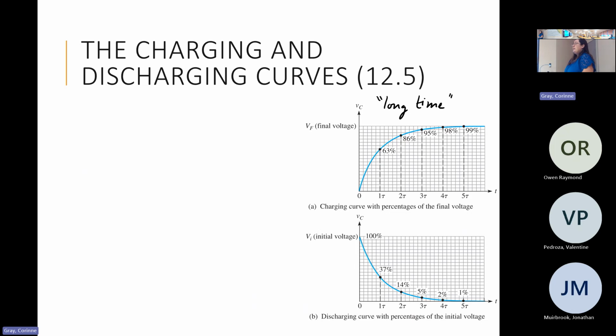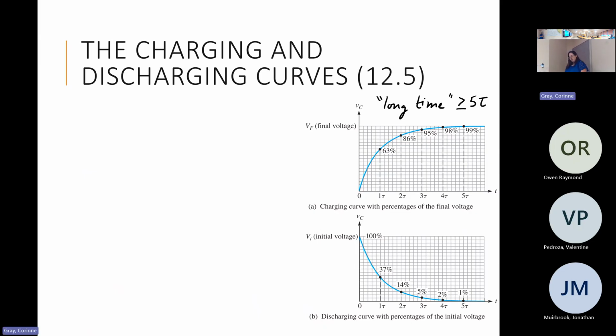But anytime you see a long period of time, this is going to be when time is greater than or equal to 5 times the time constant, whatever it happens to be. So if we're looking at charging at 5 tau, this is when we're 99% fully charged. That's good enough for us.